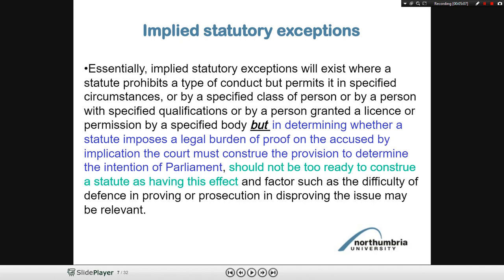But in determining whether a statute imposes a legal burden of proof on the accused by implication, the court must construe the statute to determine the intention of Parliament, and should not be ready to construe a statute as having this effect. Factors such as the difficulties of the defense in proving, or the prosecution in disproving, the issues may be relevant.